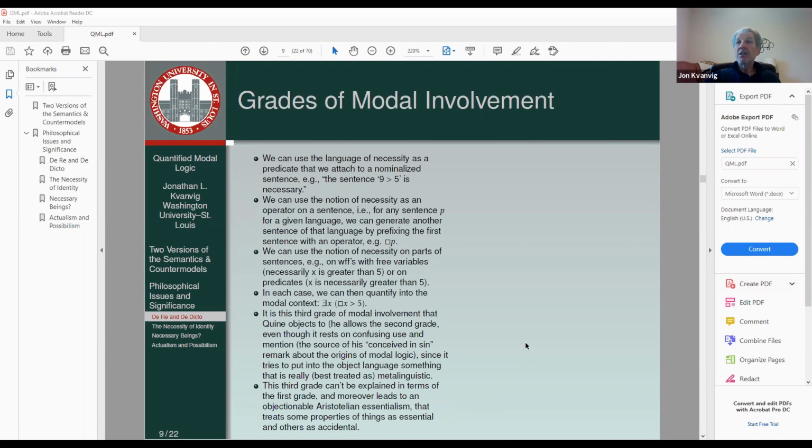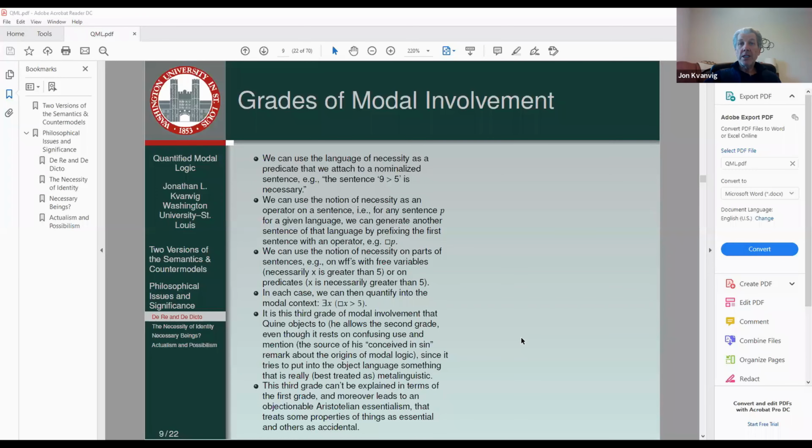Other properties you can. Your height, you didn't have to be exactly that height. Your weight, your hair color, your eye color, who your friends are, all sorts of things didn't have to be the way they are. So they pick out accidental properties. All of that seems straightforward, but Quine thinks this idea of Aristotelian essentialism is thoroughly confused.